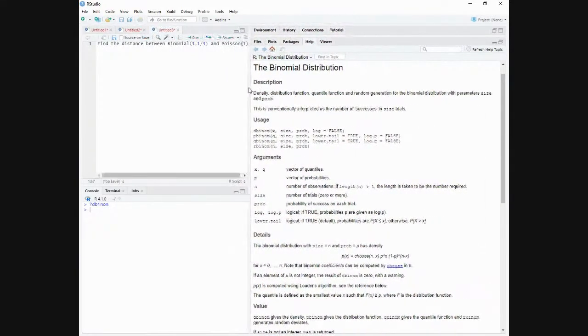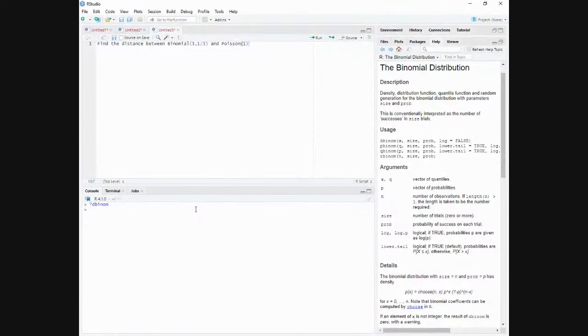Want to see an example? dbinom of x is equal to.